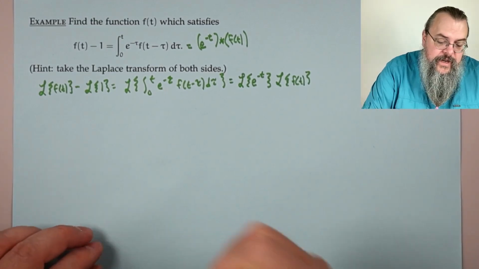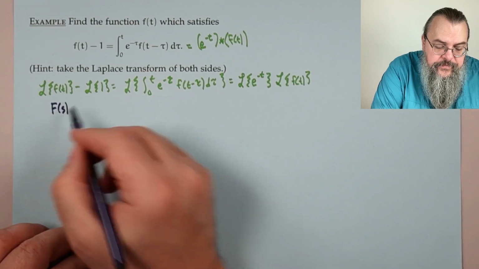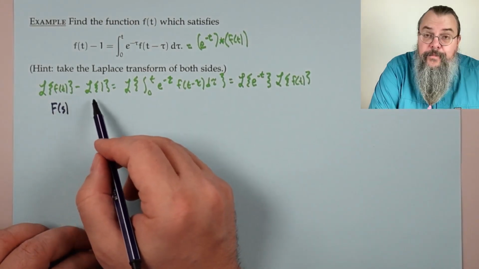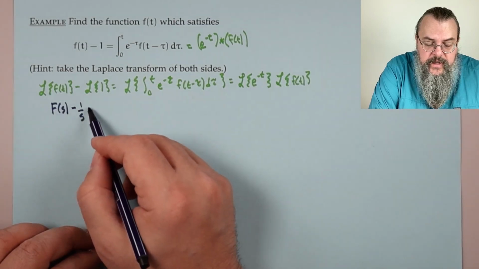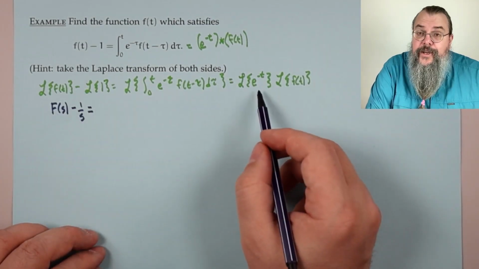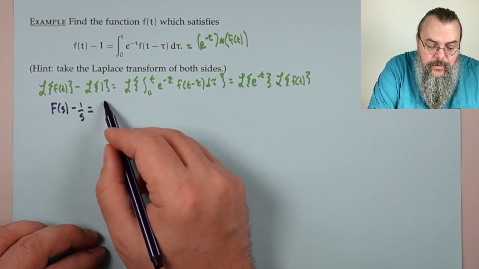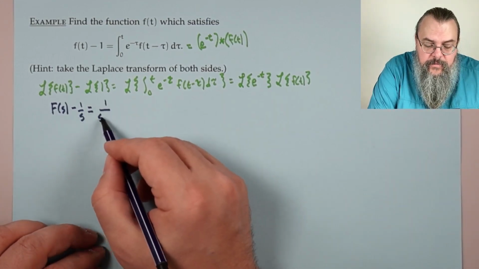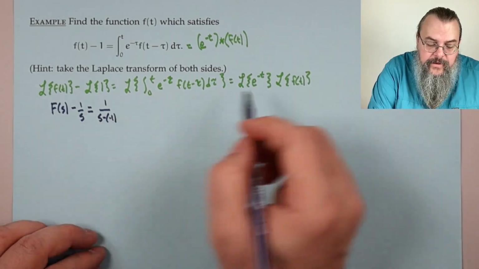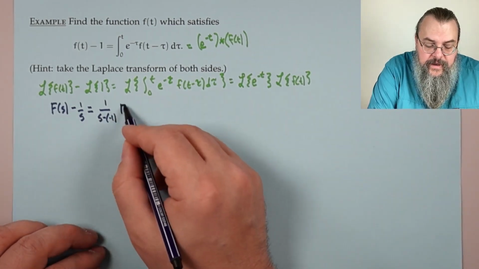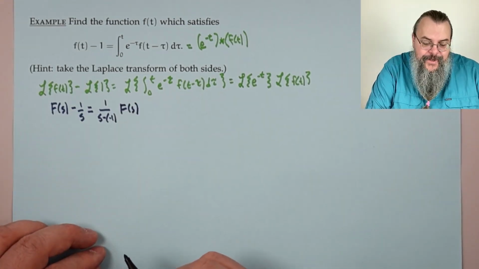All right, well, let's rewrite this and see what we have. So Laplace transform of f, we'll write that as capital F of s. And now Laplace transform of 1, that's 1 over s. And that's equal to, now here, e to the minus t, well, that's 1 over s minus 1. And here, Laplace transform of f of t is F of s. All right, good.